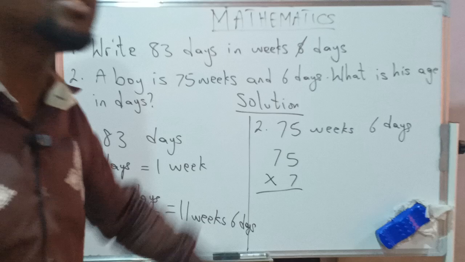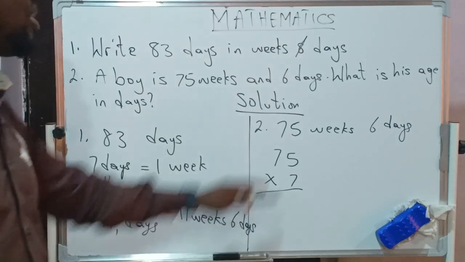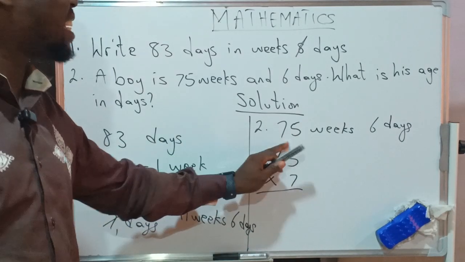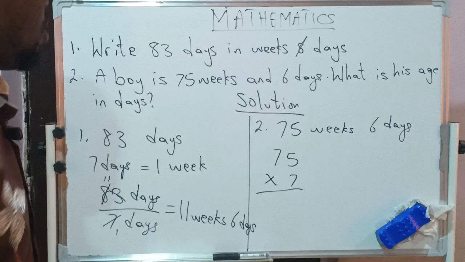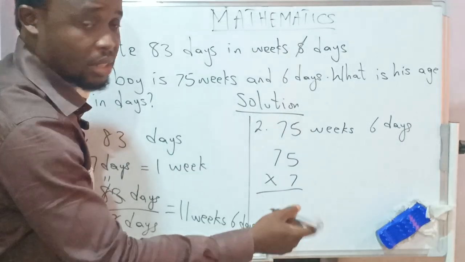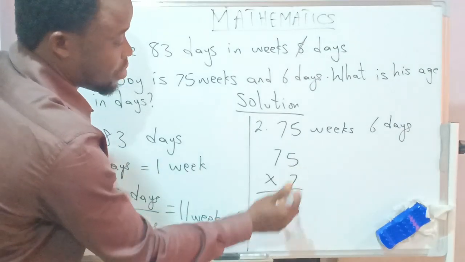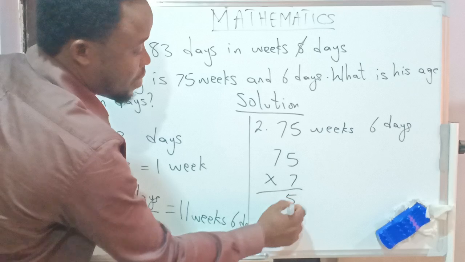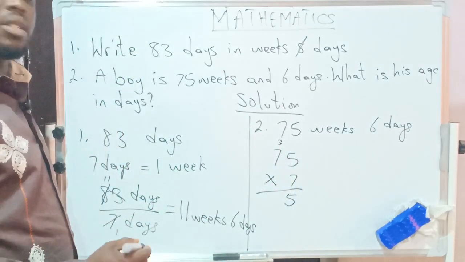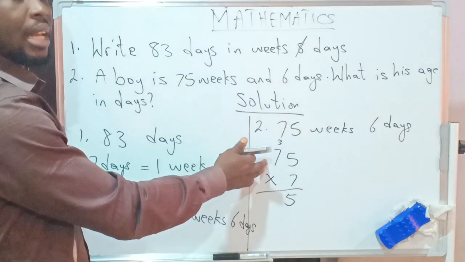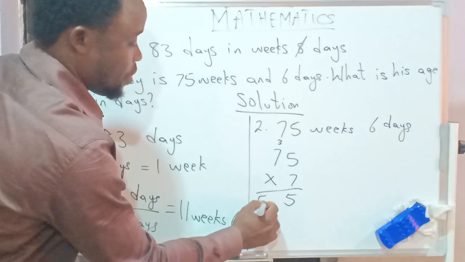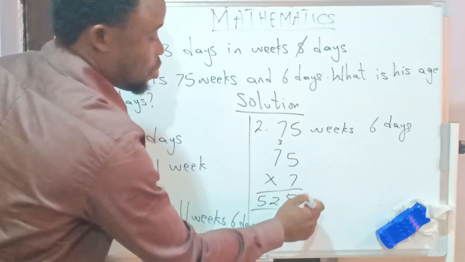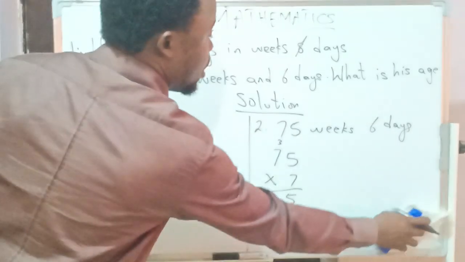So if I have 75 weeks, that means I have 7 days in 75 places. So that's why I'm multiplying times 7. So 7 times 5 is 35. I write 5 and put 3. 7 times 7 is 49 plus 3, 52. So this is the number of days.